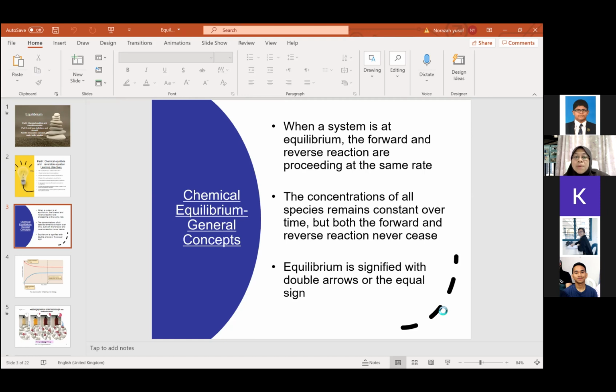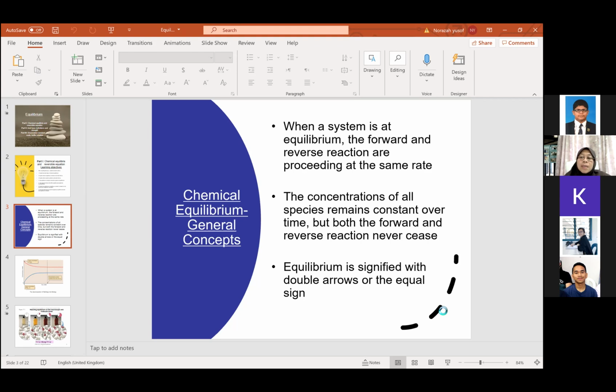So you have to be careful. The forward and reverse reactions are proceeding at the same rate. So when you say a system is at equilibrium if the forward reaction and the reverse reaction are the same, that is wrong. Please remember that.